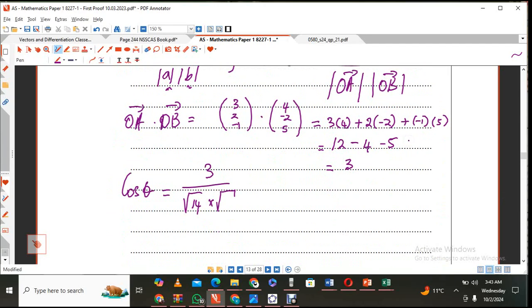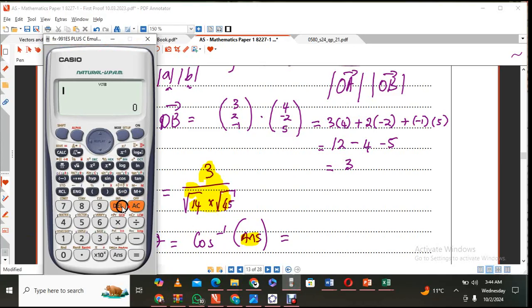Whatever this answer is, to find the angle you have to take the inverse cosine of the answer that you get. Please make sure that your calculator is set to degrees mode, so that you don't get a wrong answer. Let's grab our calculator and see. This is what we expect in the examination.